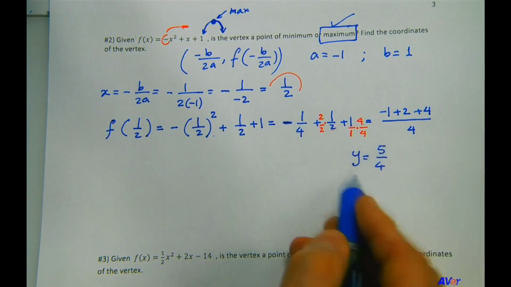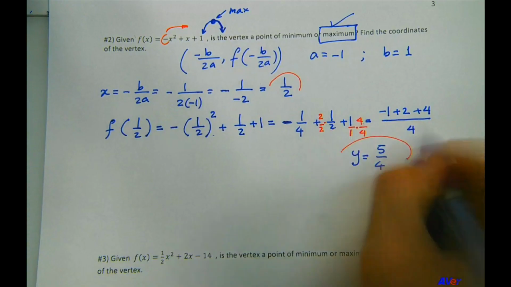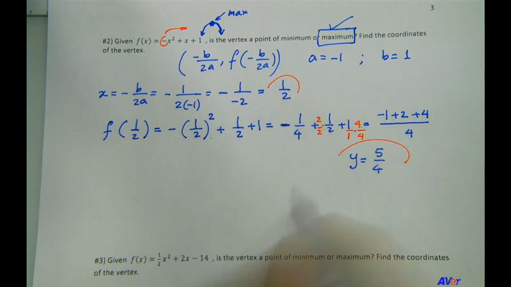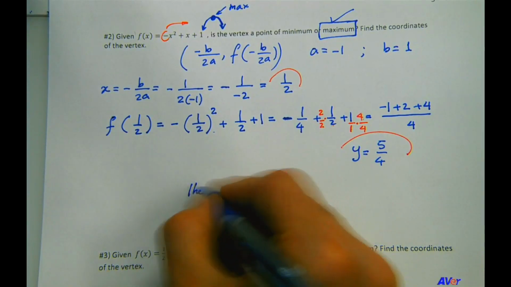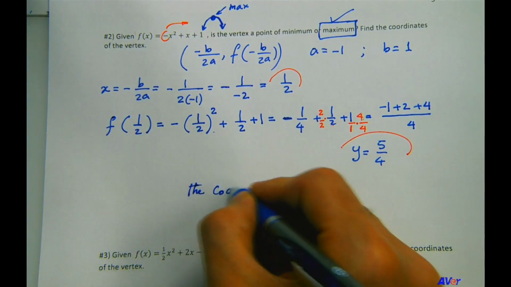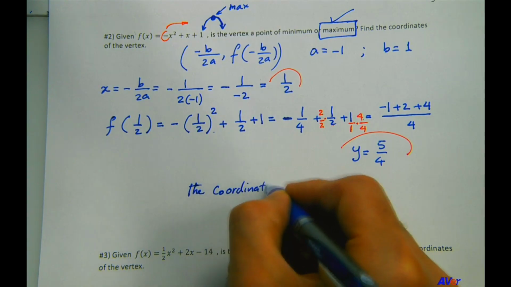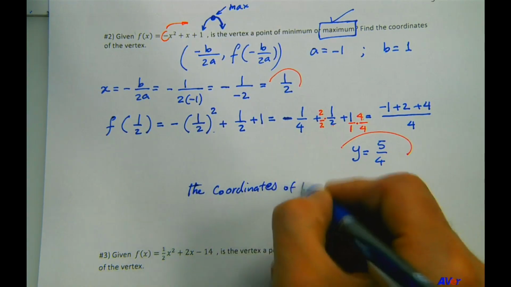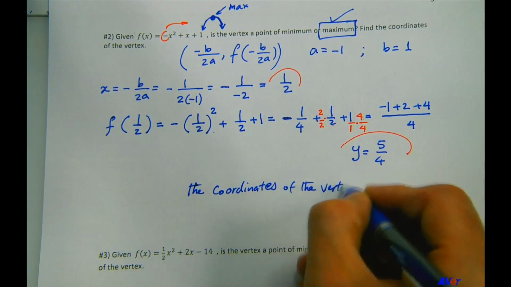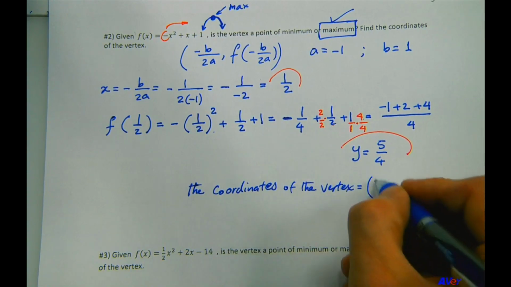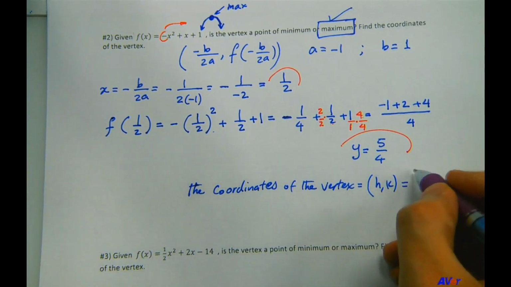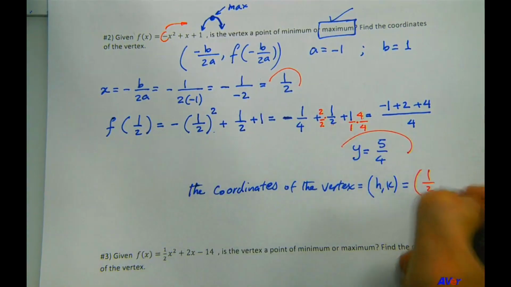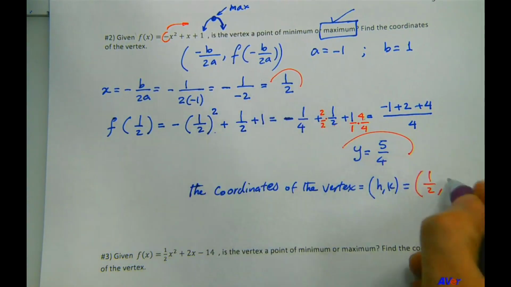So this is the y, this is the x. So h comma k, or the coordinates of the vertex, is equal to 1/2, which is the x component, and 5/4.